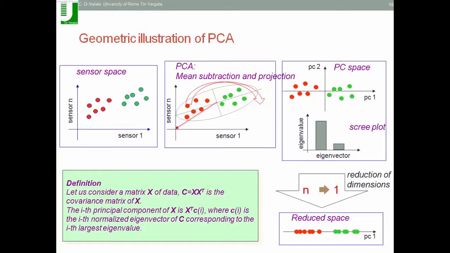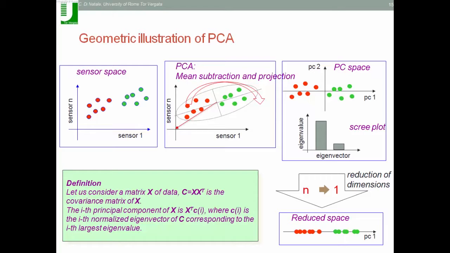There is the same meaning in this data. What is different is that PC1 and PC2 are no more observable, but they are linear combinations of the original variables. If the variance carried by PC1 is enough for us, we can reduce the space and have the representation in a reduced dimension space.